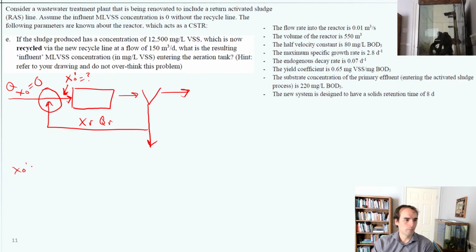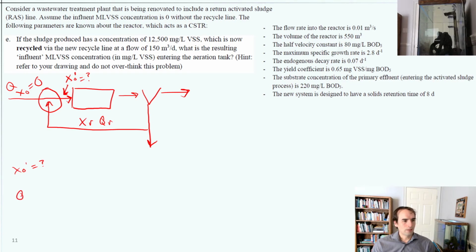X naught prime equals, and when you take a look, you can say that this is just a simple balance of two streams meeting. We've done this since basically day 1 of the class.